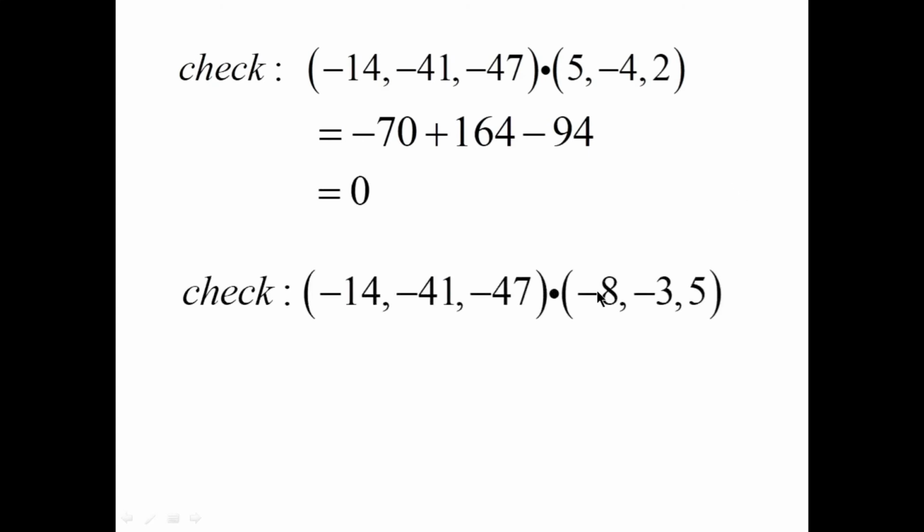Similarly with the other one, -8, -3, 5, just multiply it out. 112 plus 123 minus 235.